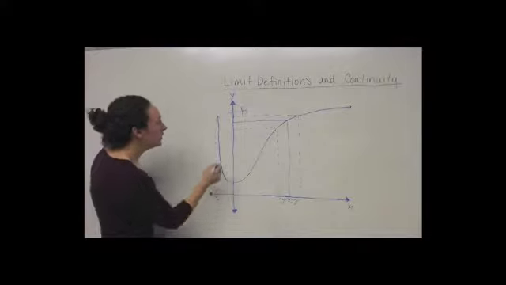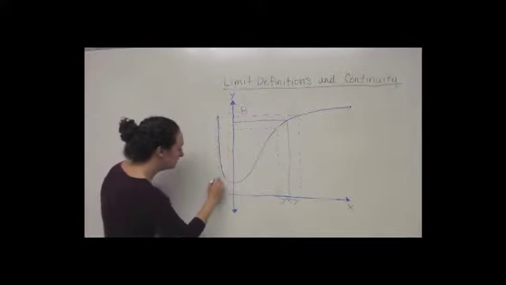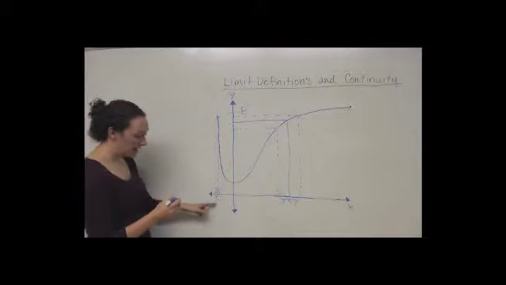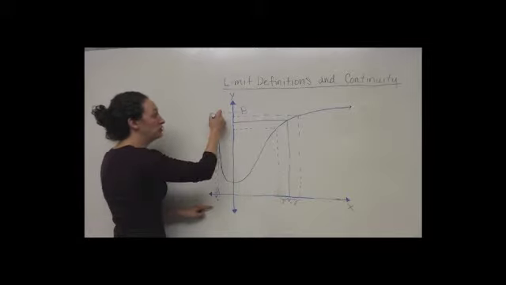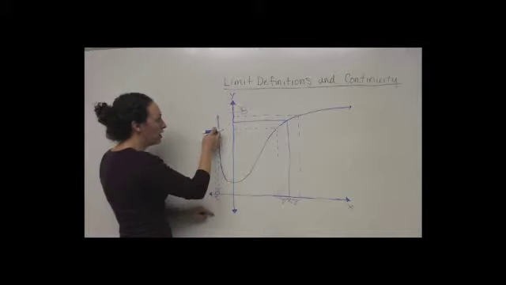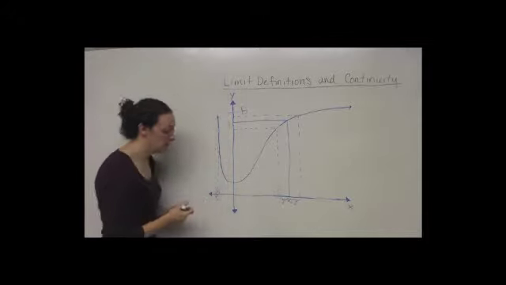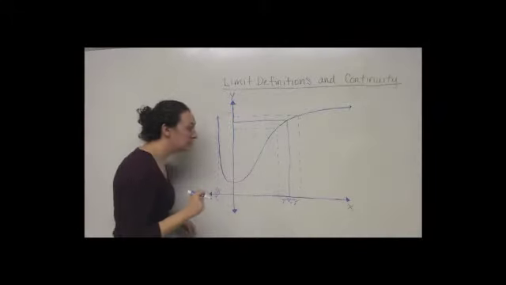So I can say when I get within some very small distance delta of my x naught value, I'm going to be above my b value. If I come over here from my delta and I go up, this goes above b if we're within delta of x naught.